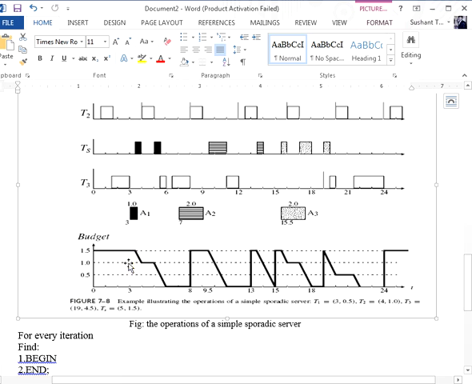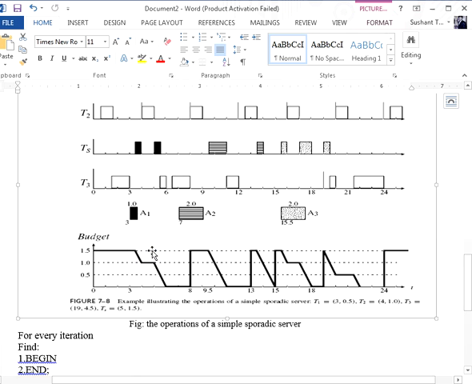We also see that at time 3.5 the server has begun its execution, so we know that TF is the time where the server begins its first execution after TR.